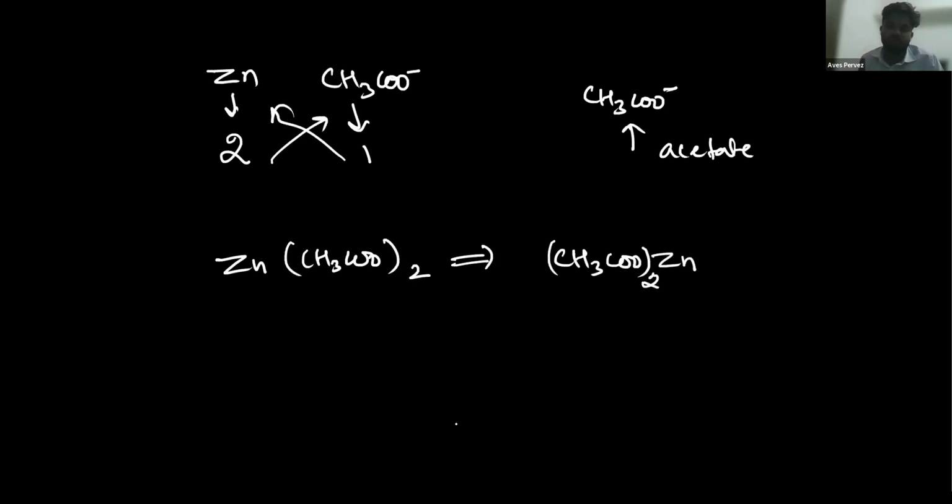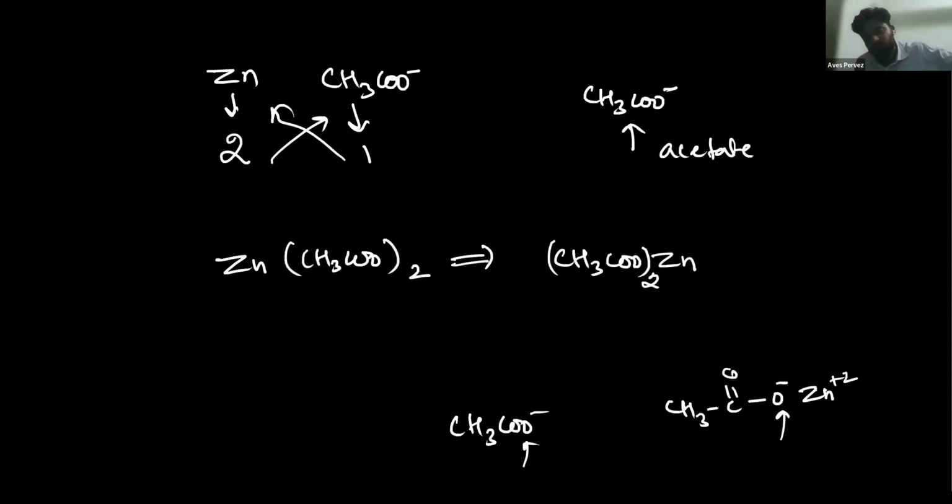Because actually in this molecule CH3COO minus, the minus charge is on the O. This oxygen, the second oxygen, is going to have the minus charge. So the positive entity will join with this one. Got my point?